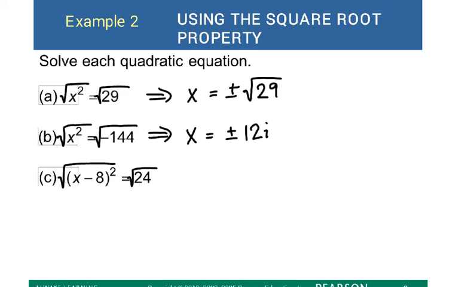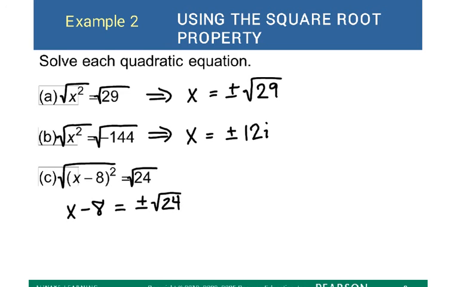So now we have x minus 8 on this side of the equation, because the square root of something squared is just whatever you have inside the square. And that's equal to plus and minus, don't forget that, the square root of 24.